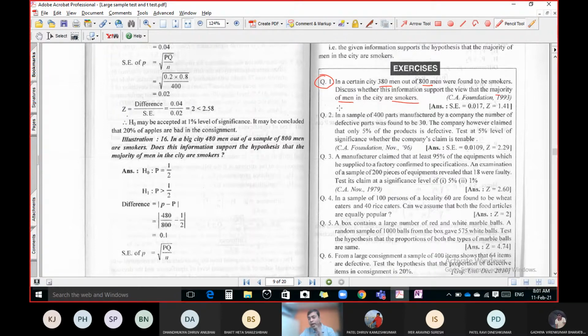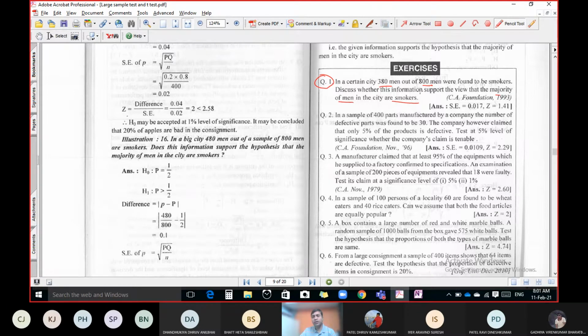And to know about that particular claim, we took a sample of 800 men and we found that out of that 800, 380 have a habit of smoking. So from this information, can we say that the claim is true? That is our question. So we want to verify whether it's true or not.